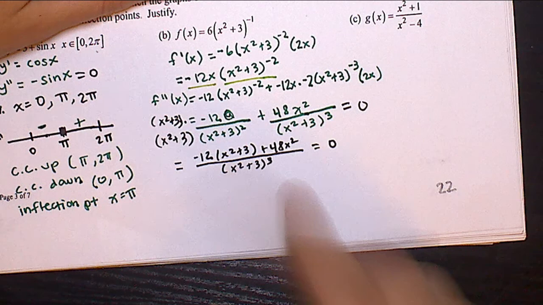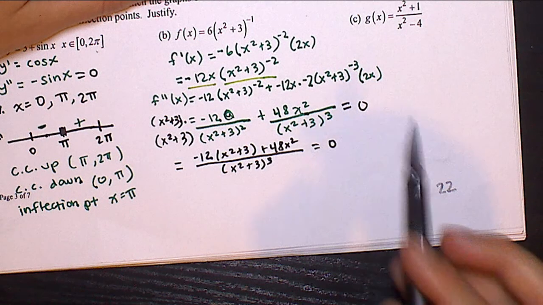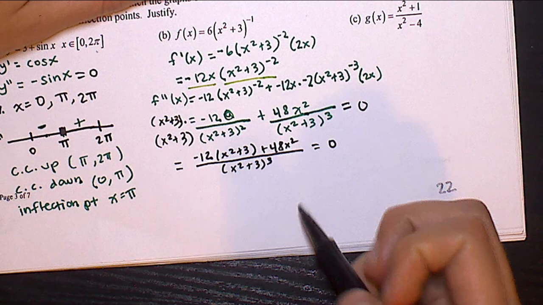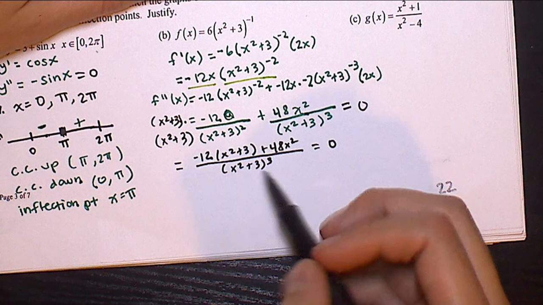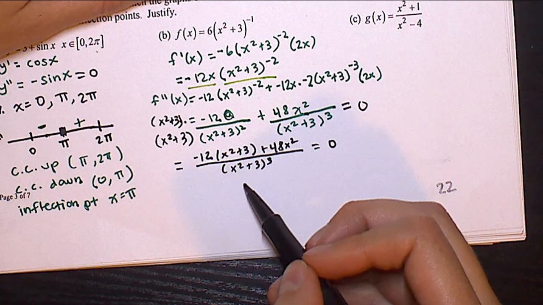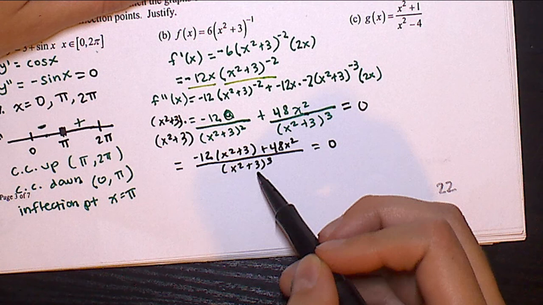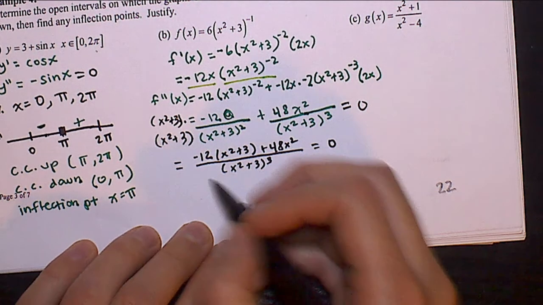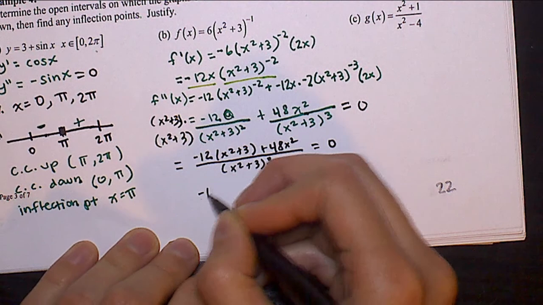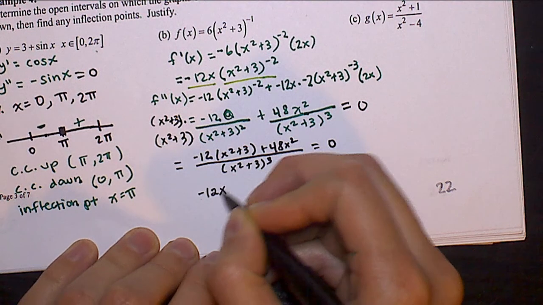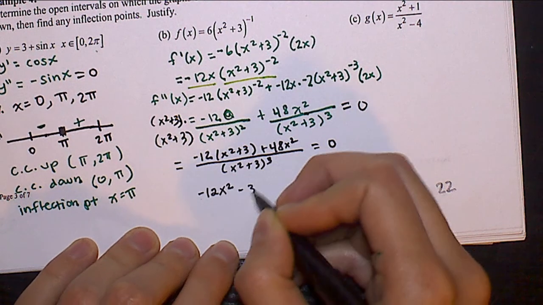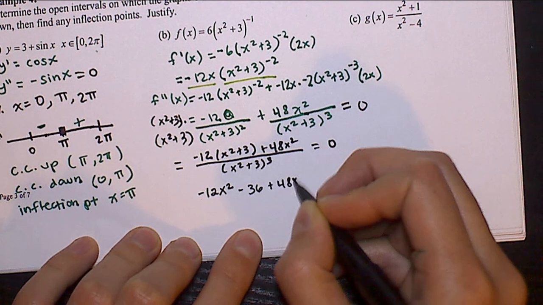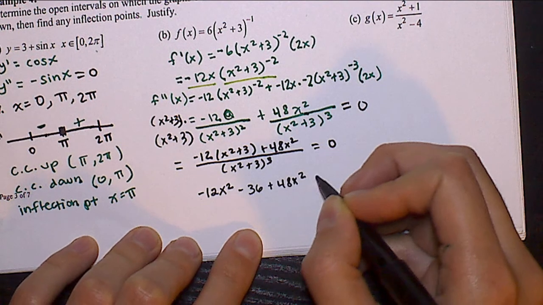Set that equal to 0. So this is going to equal 0 when the numerator equals 0. So I can honestly kind of just forget about what I have down here. I have negative 12x squared minus 36 plus 48x squared equals 0.